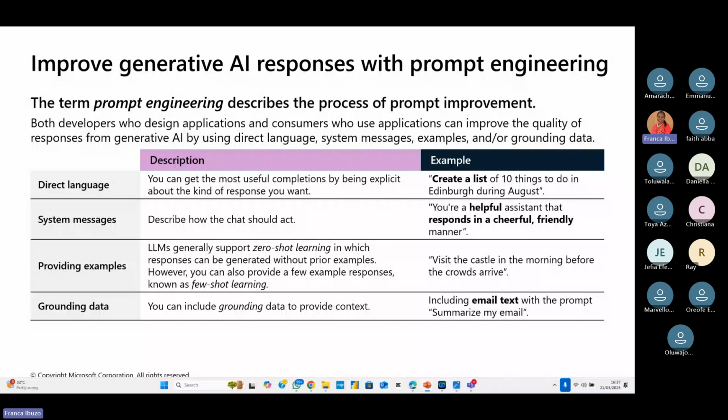Oh, yes. Because prompt engineering is, you learn how to write your prompt. The better prompt you write, the better the responses. So you need to even learn how to prompt correctly. That's smart.